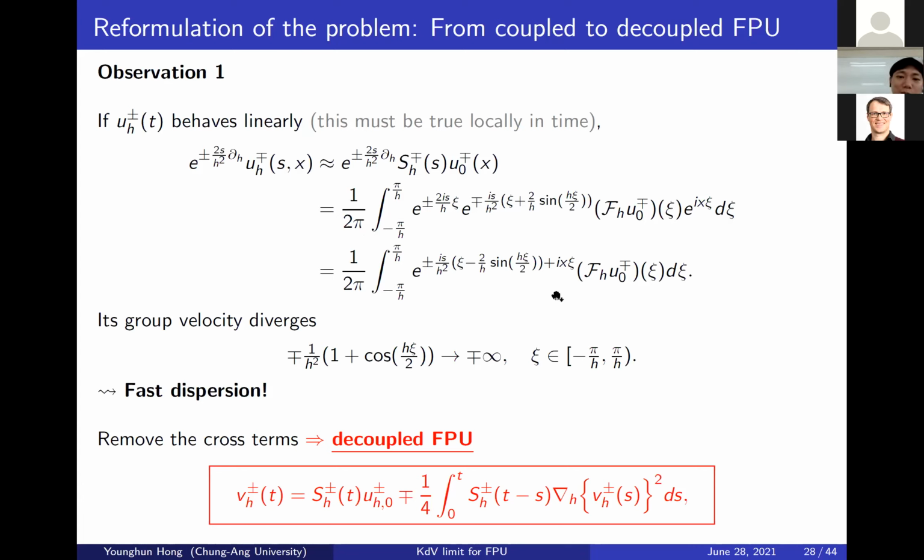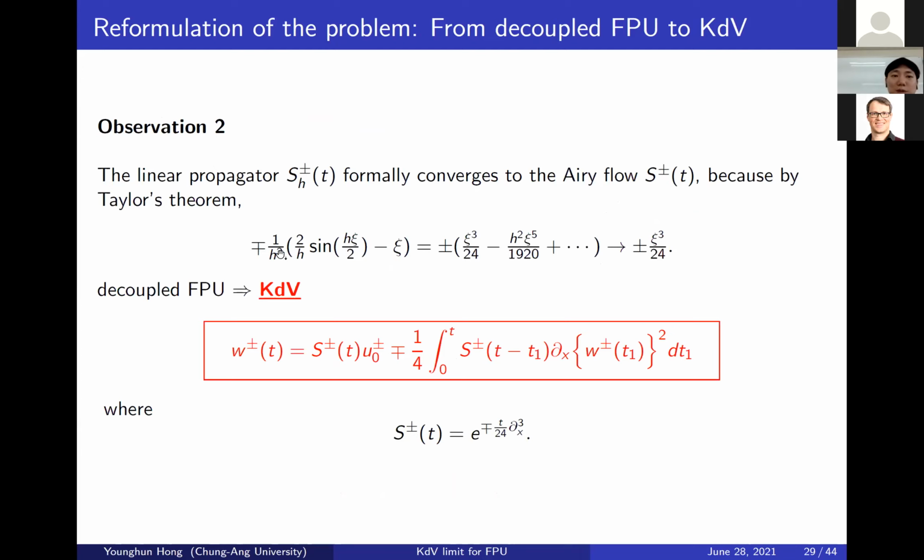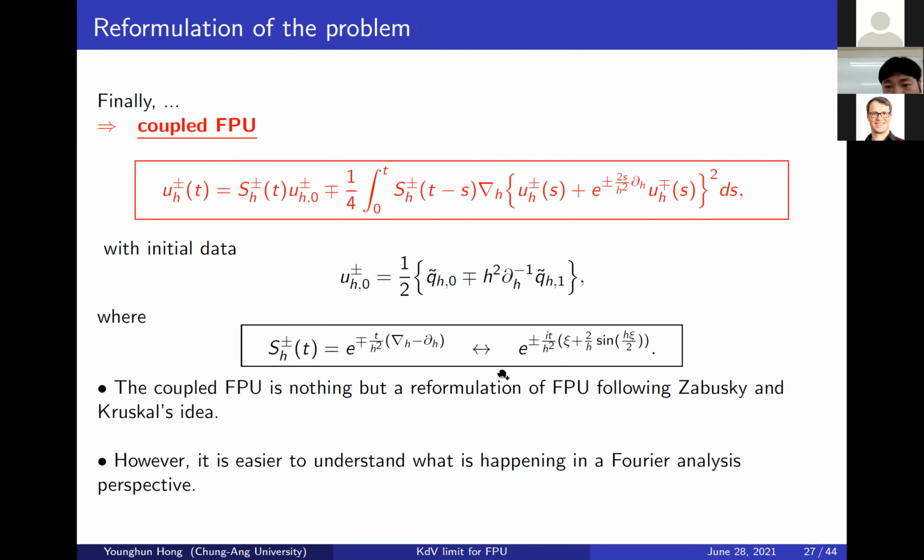So motivated by this observation, it's very natural to introduce this decoupled FPU system by dropping the cross term, because we may expect that the dropped term will disappear in the end. And another observation we can get from this reformulated FPU is the linear propagator. So this is the linear propagator, the symbol for the linear propagator S_h plus minus.